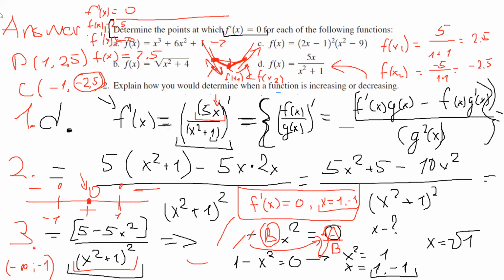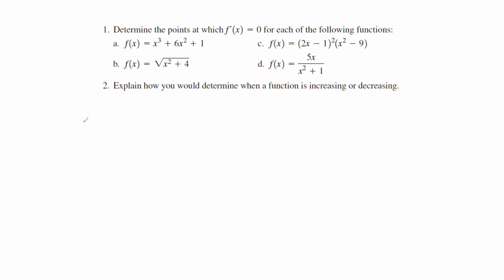So let's solve B real quick. So it's going to be f of x. We need to find f prime of x, right? X squared plus 4. And we need to find the derivative of the following one. So the first step, what I would do is simplify it.